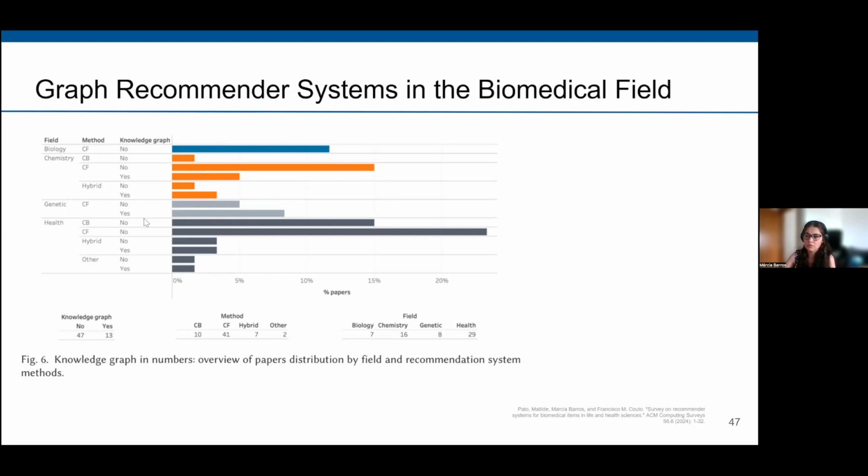In the genetic field, we have some knowledge graphs, and also in health, in hybrid and other types of recommendation approaches. But in this survey specifically, from the 47 articles, there were 13 works using knowledge graphs. So these are already being applied to biomedical fields and recommender systems.